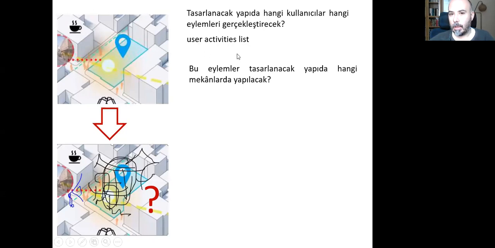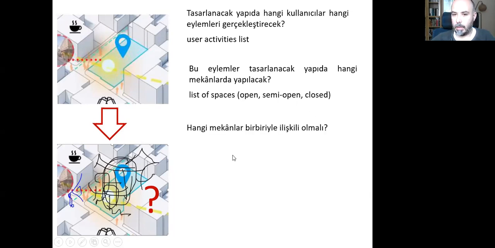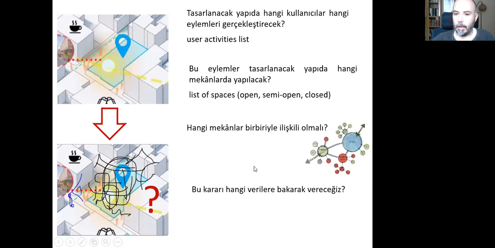We can have a list of activities, and by examining this list, we can try to decide in which spaces these activities can be located in our future building. So we can have a list of spaces that can be open spaces, semi-open spaces, or closed spaces, and we can decide about the relationship of these spaces to each other.